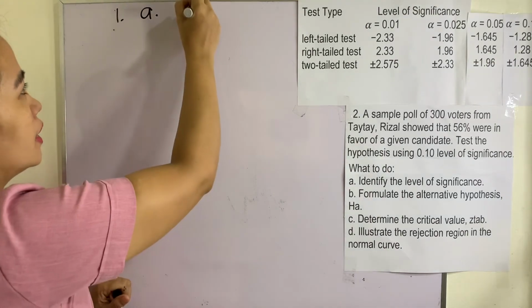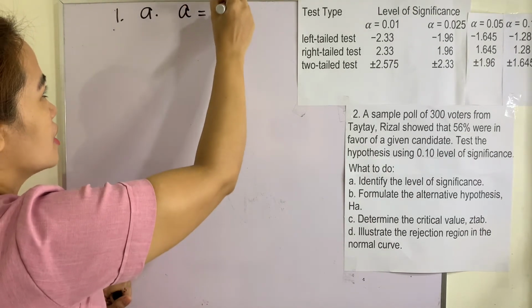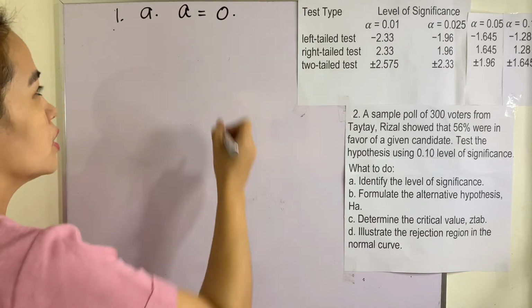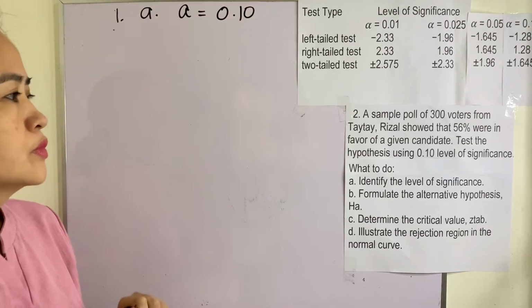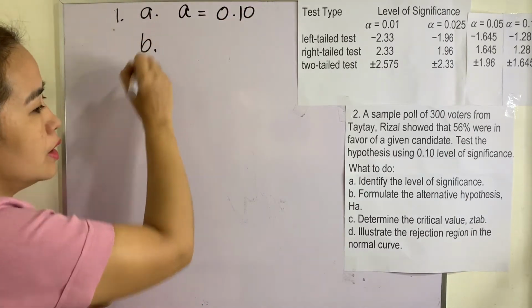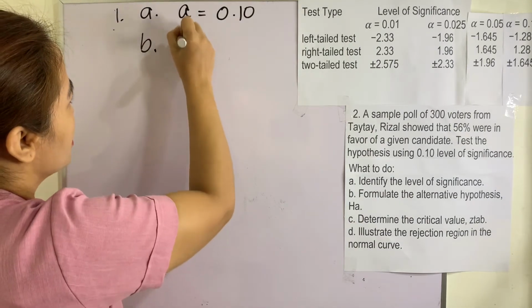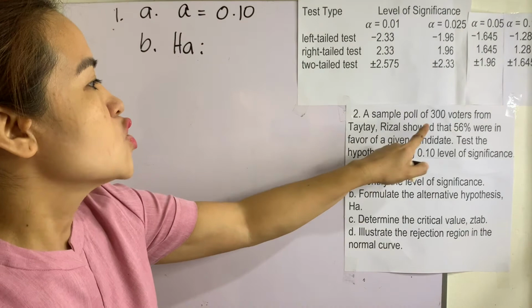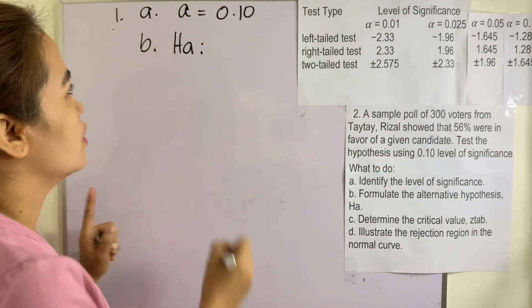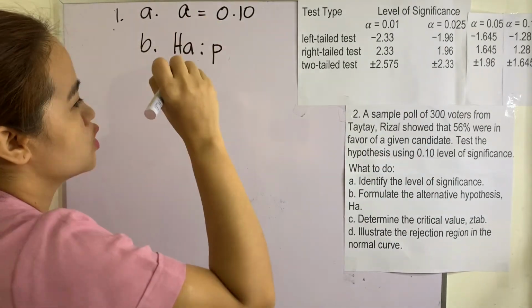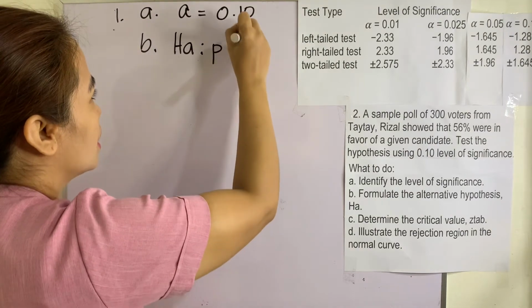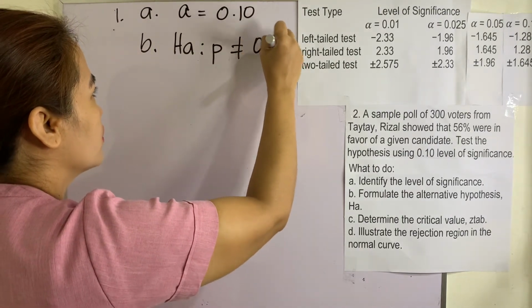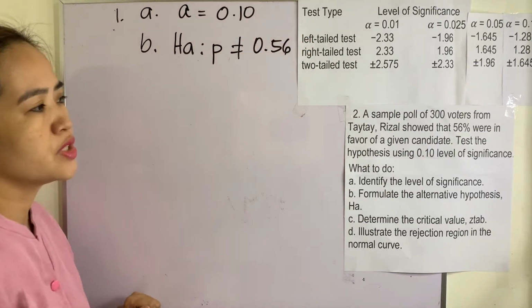So letter A, identify the level of significance, that is 0.10. Next, letter B, formulate the alternative hypothesis, H sub A. It says here that 56% were in favor. So the population proportion is not equal to 0.56 or 56%.